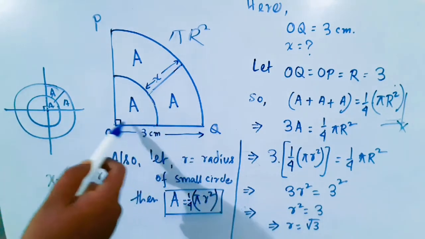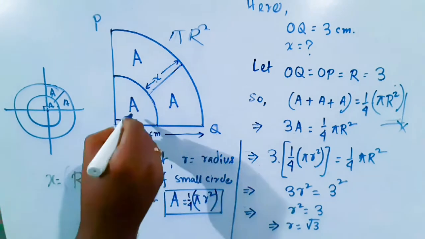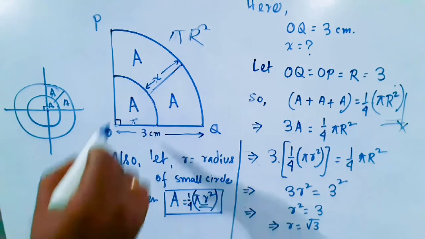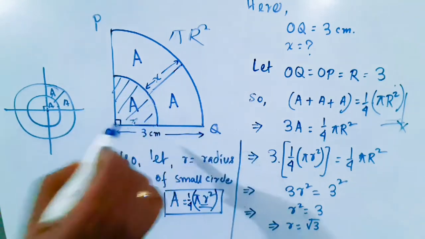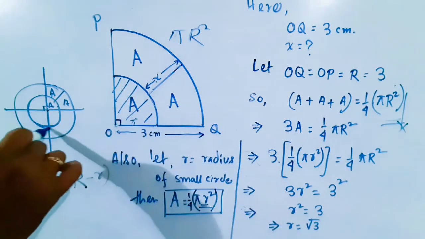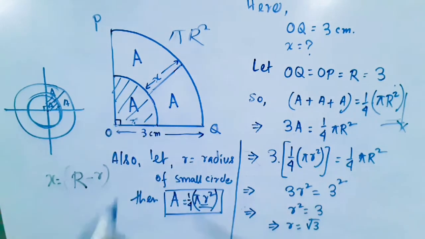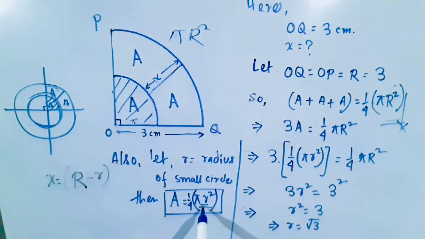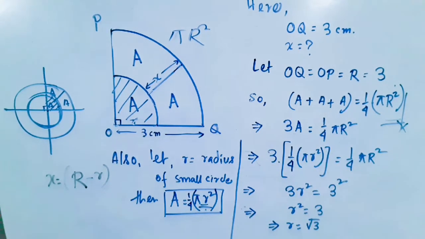If this is the radius of smaller circle, small r, then its area is pi r square. Since this part is 1/4 of the smaller circle, this is the area of this part, that means a equals 1/4 of pi r square. So the value of a we put up here.